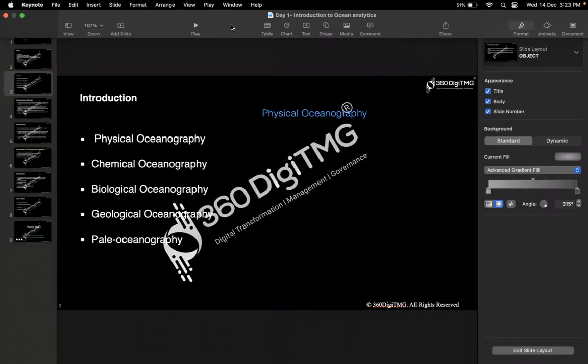Physical oceanography is one of the several subdomains into which oceanography is divided. Others include chemical oceanography, biological oceanography, geological oceanography, and paleoceanography. So we will discuss physical first.